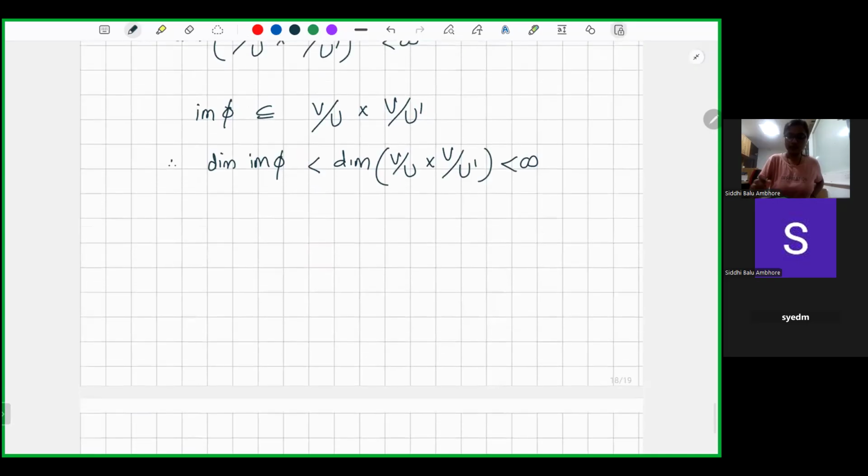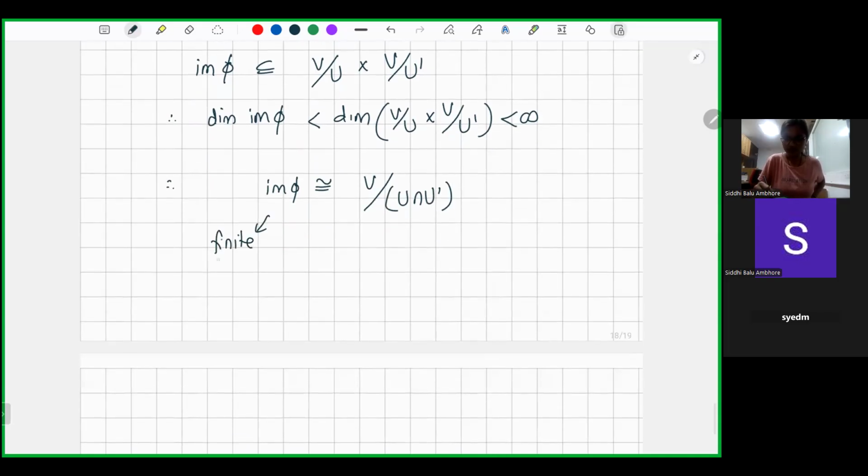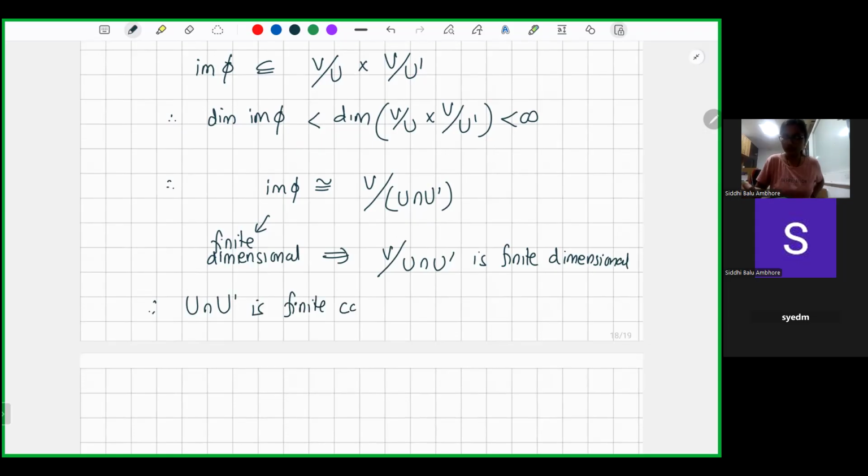And this image of phi, as we saw, is isomorphic to V quotient U intersection U dash. This is finite dimensional. This implies that V quotient U intersection U dash is finite dimensional, and hence we get that U intersection U dash is finite codimensional. Is it okay?